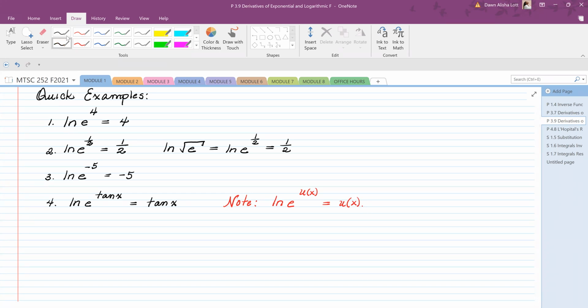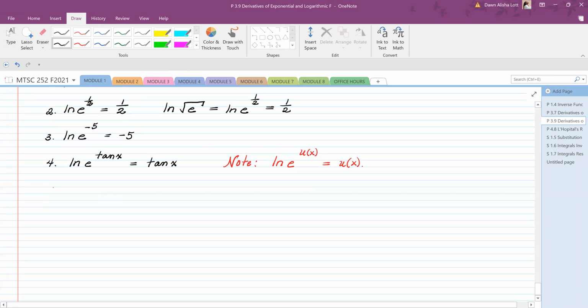Okay, so let's go the other direction. e to the natural log of 6. Well, that's e to the log of x. So that's x.